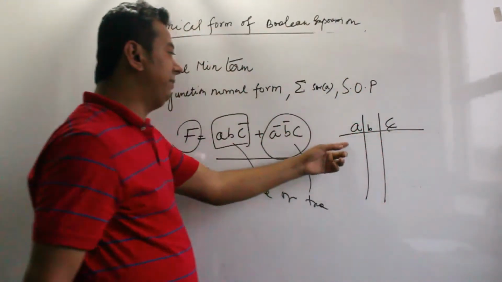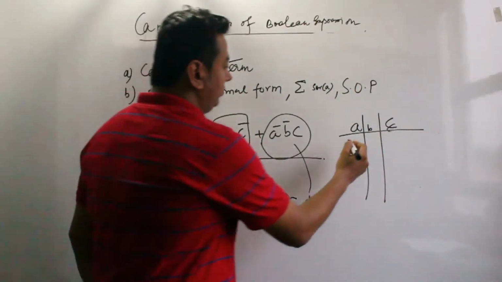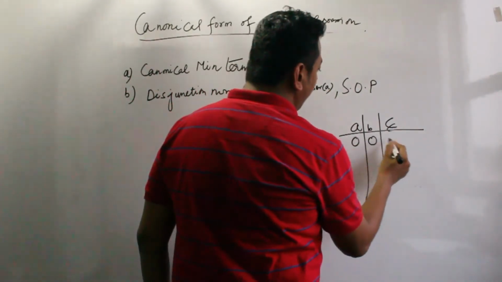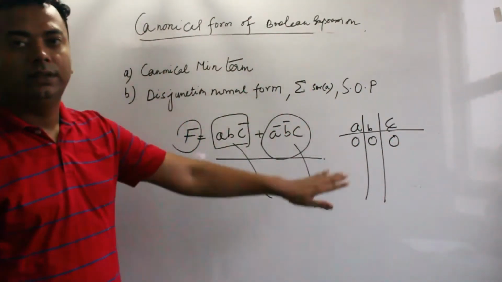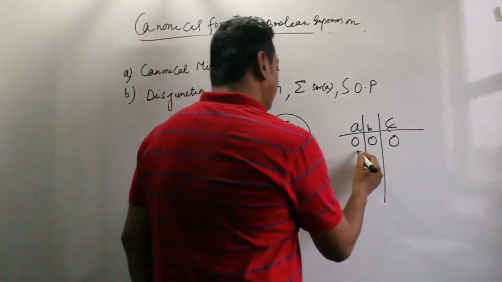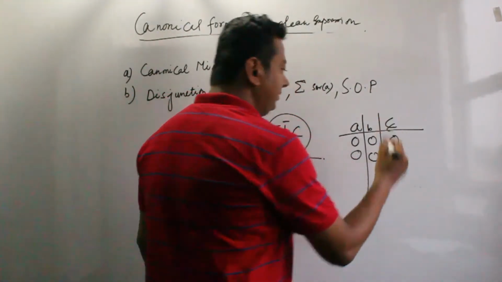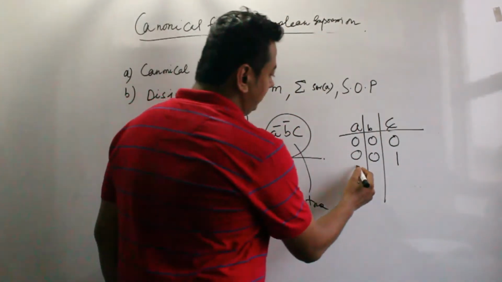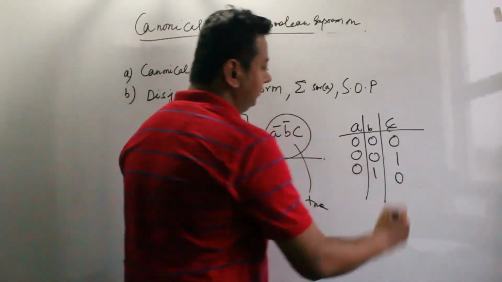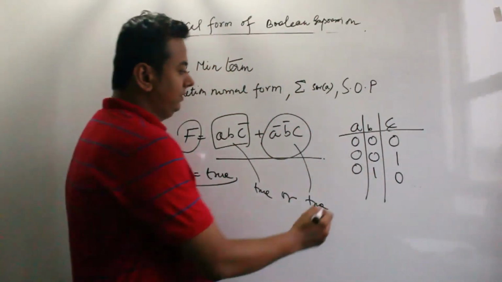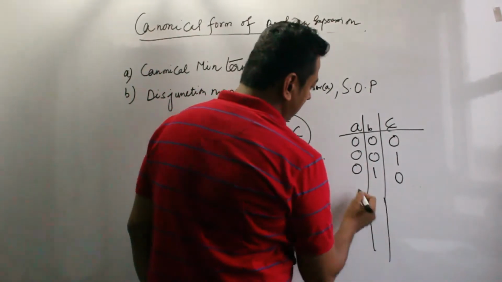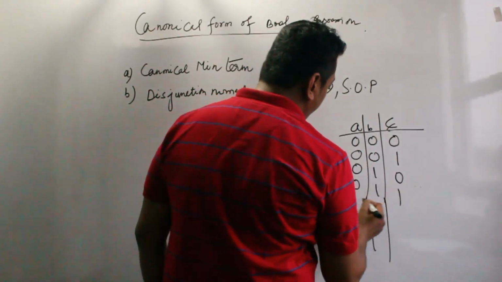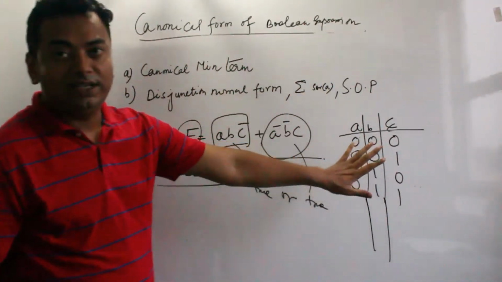We have three variables here, right? 0, 0, 0, right? 0, 0, 1, 0, 1, 0, 0, 1, 1. You can see the pattern.